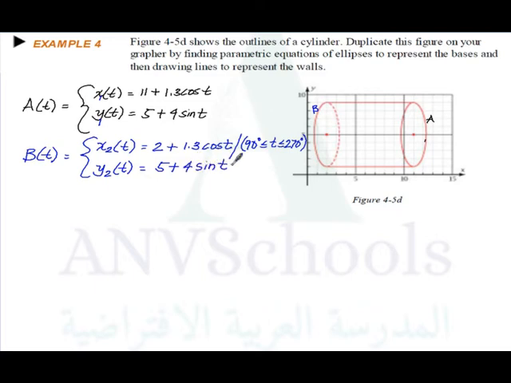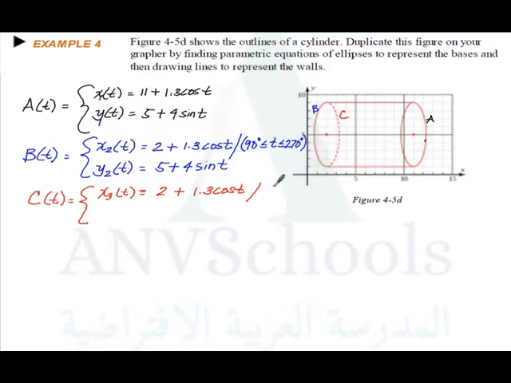Let's go to C, the dashed line. So C of t is equal to x3 of t. And x3 of t occurs, the center is still located at 2, and it has the same radius, which is 1.3 cosine t, and this time it goes from 270 going to 90.